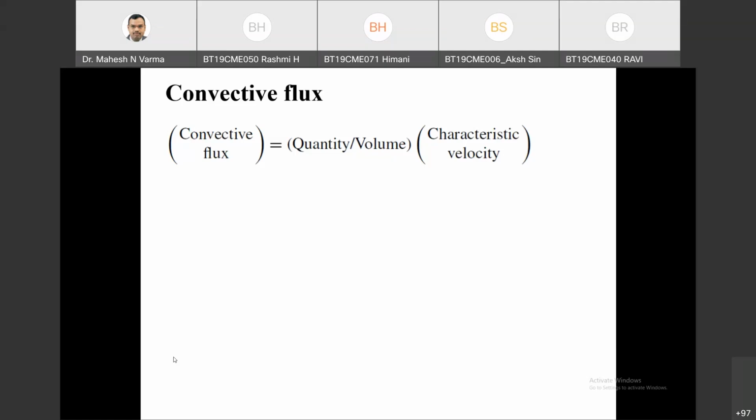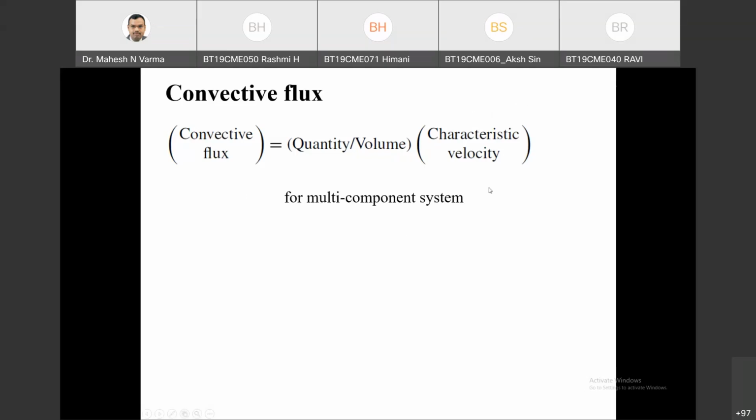Similarly, concentration into velocity is a convective flux in mass transfer. Okay, so as I told, for characteristic velocity, this is for quantity per unit volume. Quantity per unit volume I got. So sometimes you will have a multi-component system.